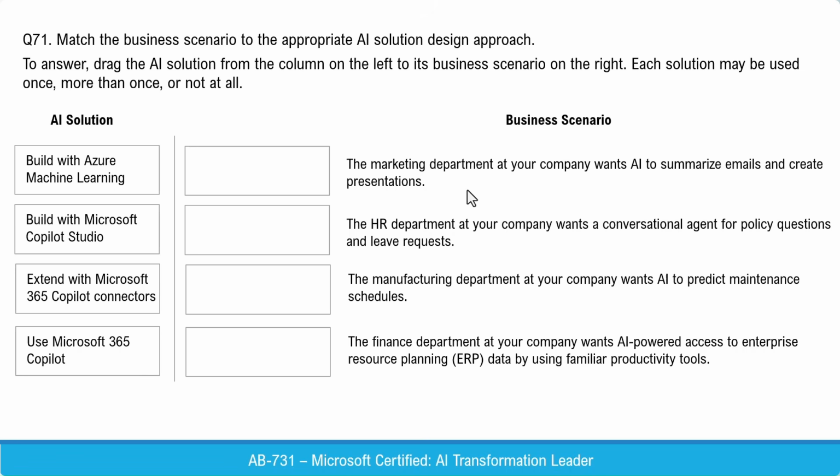These are core productivity scenarios with Microsoft 365 apps. So the correct choice is to use Microsoft 365 Copilot. It can generate summaries and presentations directly in Outlook and PowerPoint using organizational data. Second business scenario, for the HR team, they need a conversational agent for handling policy questions and leave requests.